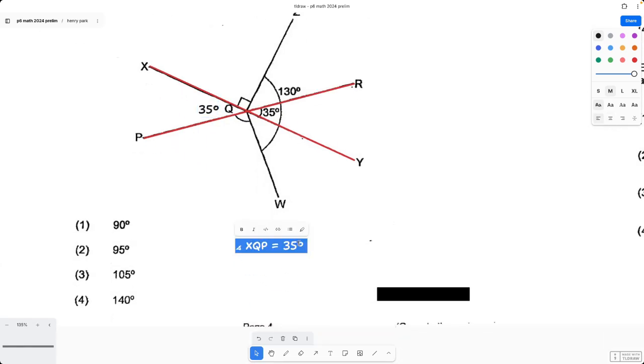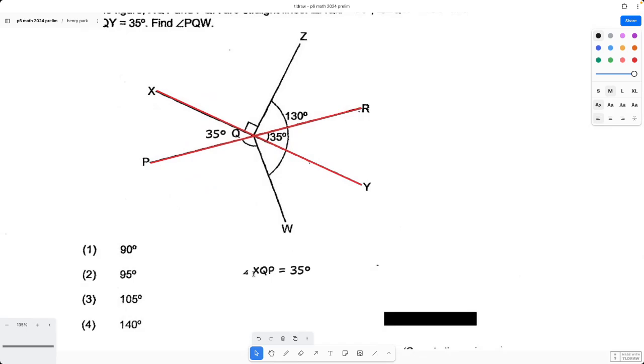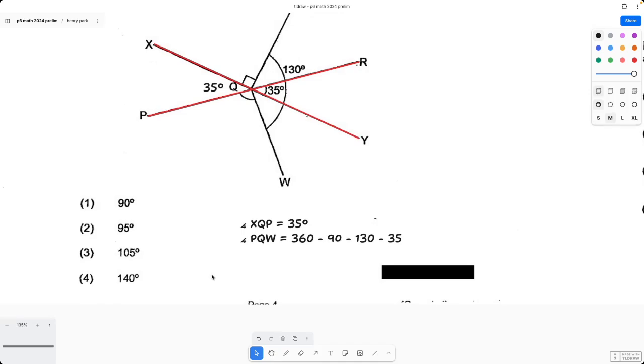Okay, so angle PQW is equal to 360 minus 90, minus 130, minus 35. Just 130 minus 35. That's it.